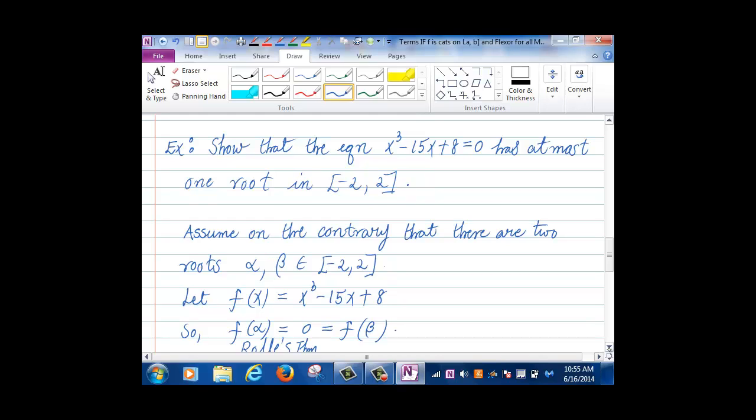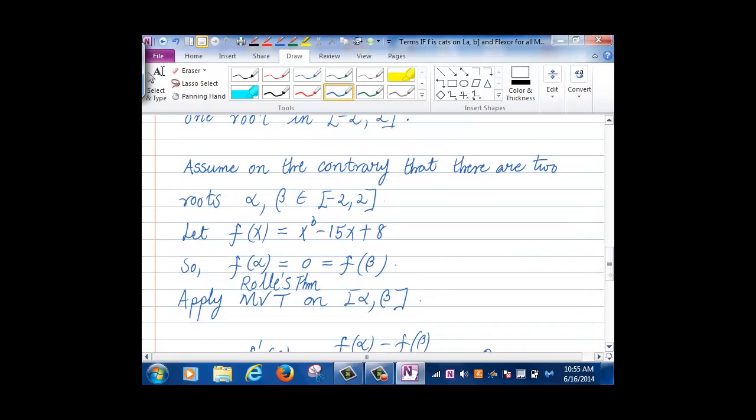Same way f of beta is 0. So if I have two roots, then the function f of x has two roots at alpha and beta, right? The equation having two roots at alpha and beta is the same as saying that the function f of x has two roots at alpha and beta.